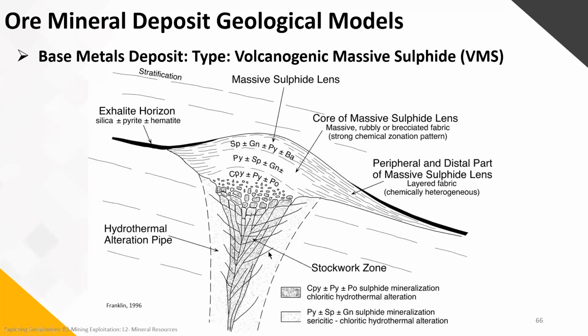Stockwork is just a word from the German language showing that instead of having just one vein or one fracture, we have a network of fractures or veins within the core area of our VMS. As we move upward, we see also zonation of our metals going from chalcopyrite to pyrite to pyrrhotite, moving upwards to pyrite, sphalerite, galena, and finishing with sphalerite, galena, pyrite, and barite.